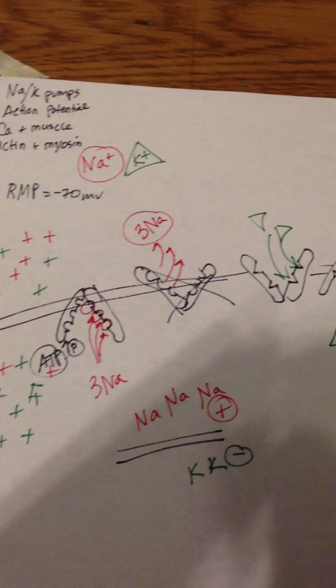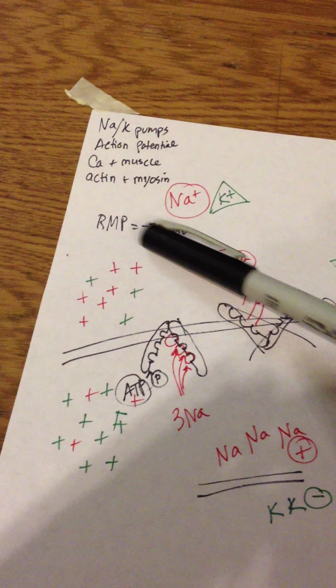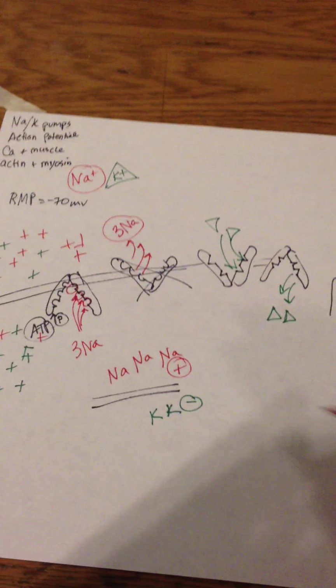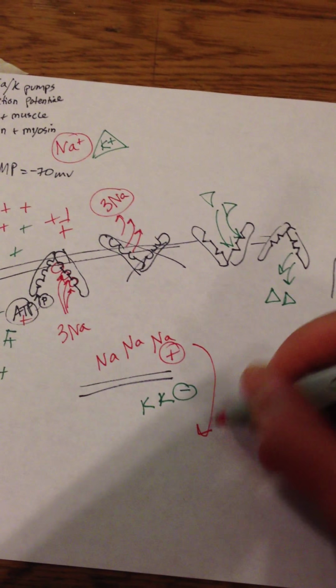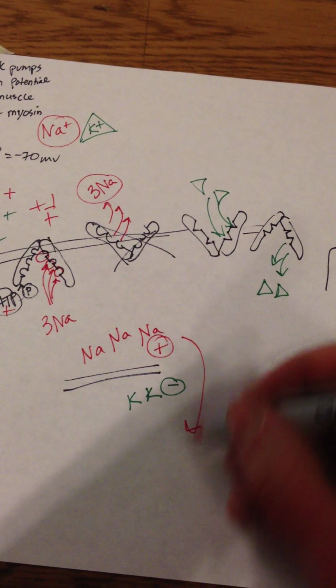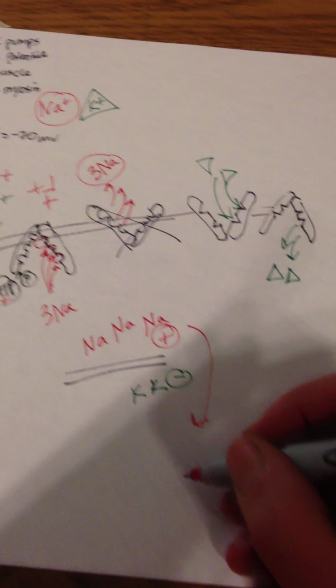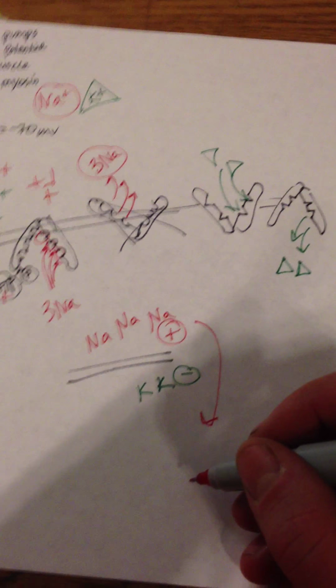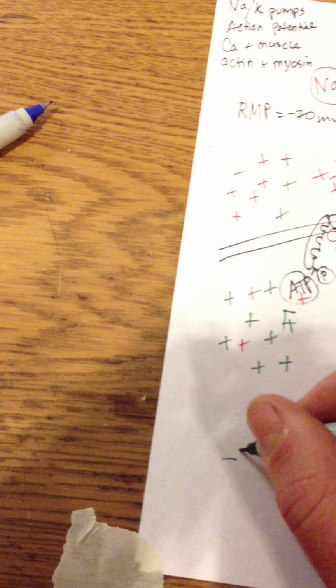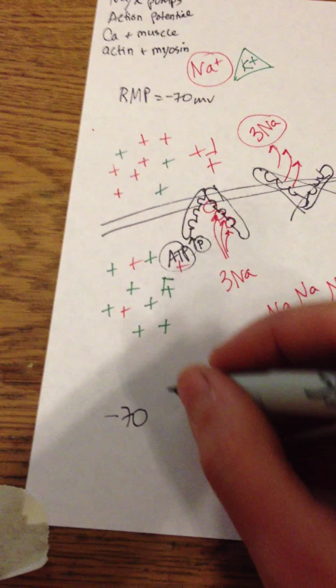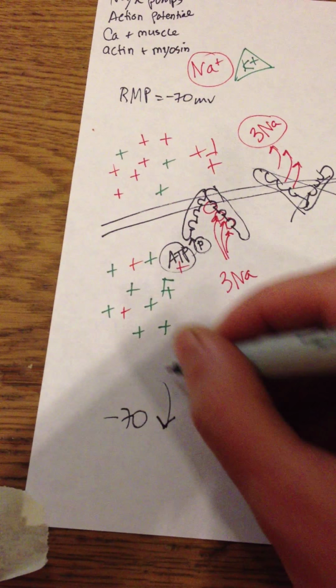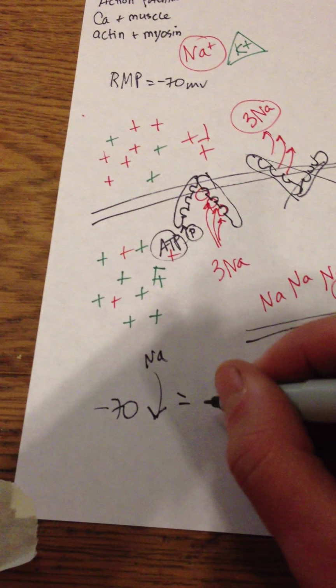And given the chance, they're going to want to follow their concentration gradient, so all of these sodium out here are going to want to go in, and the only way they can go into the cell is if a gate opens. When a gate opens, all the sodium comes in, and that is called depolarizing because it goes towards 0. You're at negative 70, and that's the potential for the sodium to come in.